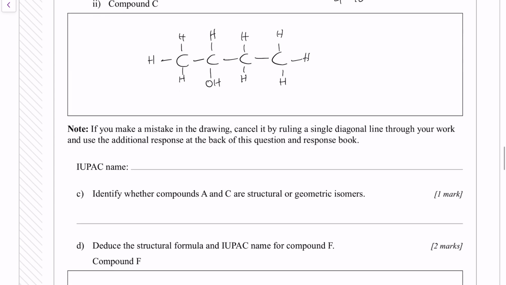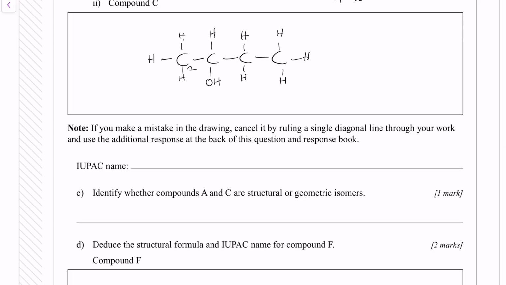And the IUPAC name, very simply, depends on wherever the OH group is on the carbon, so we number our carbons. Say this was 1, this is 2, 3, 4. The reason we don't go the other way is because we always want the lowest number possible for our IUPAC naming, okay?